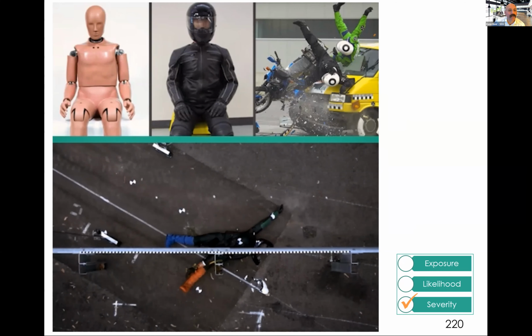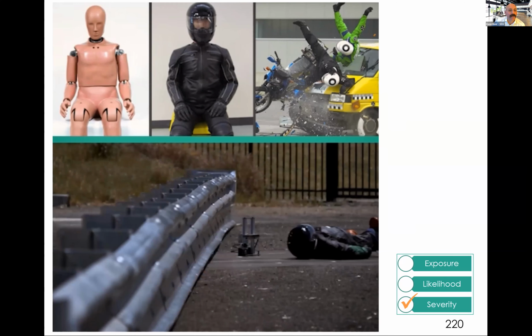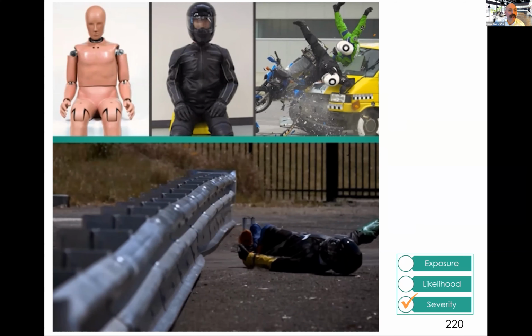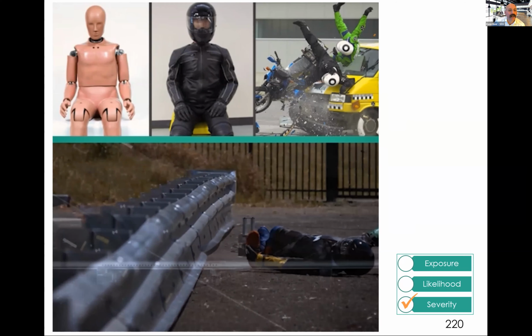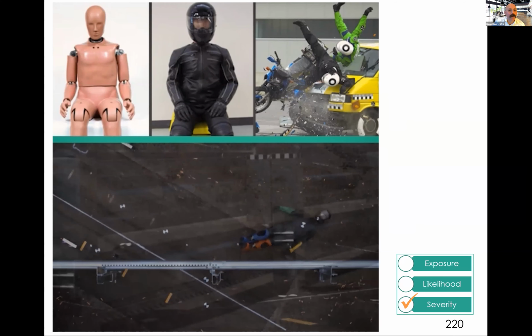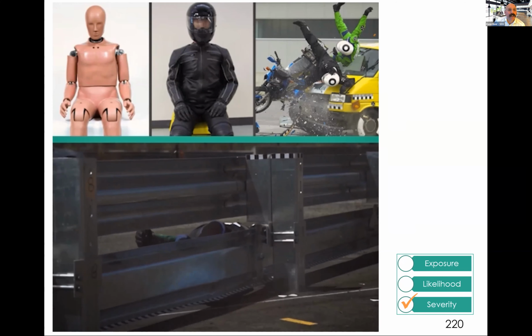But if there's some sort of underrun protection, we get some cushioning using the barrier, and we then get that deflection of energy. The energy is washed off as the rider slides. You can see some absorption of energy by the barrier system, and then that deflection. So under the European crash test, our underrun protections perform really well, these sorts of features.